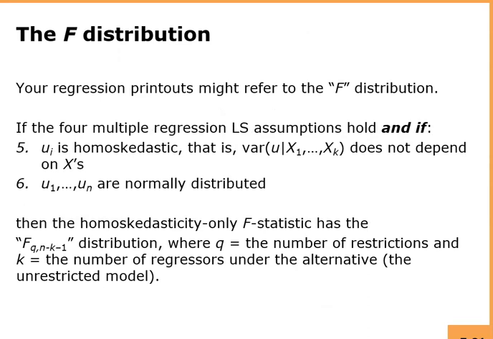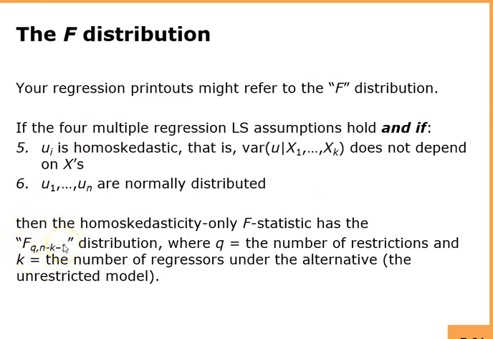So your regression printouts might refer to the F distribution. What this simply means is that if the 4 OLS assumptions hold, along with the assumption of homoskedasticity and the assumption that your error terms are normally distributed, then the homoskedasticity only F-statistic has the distribution which can be written like this.